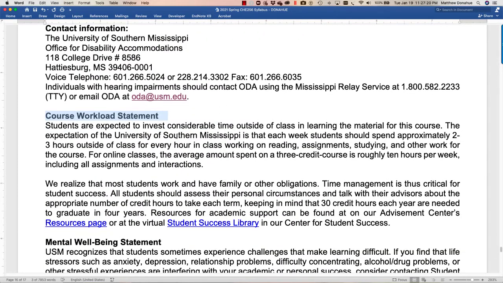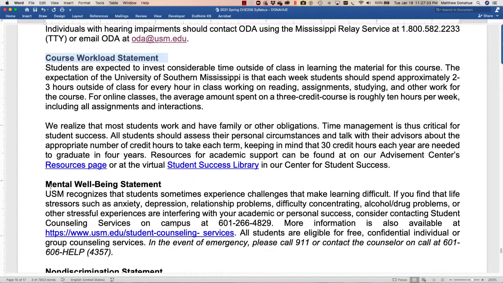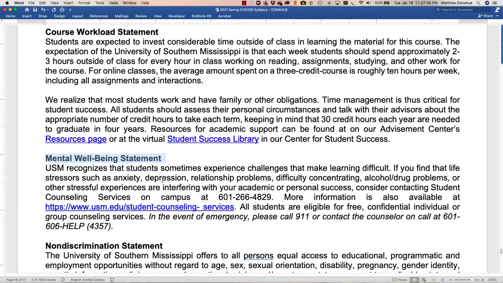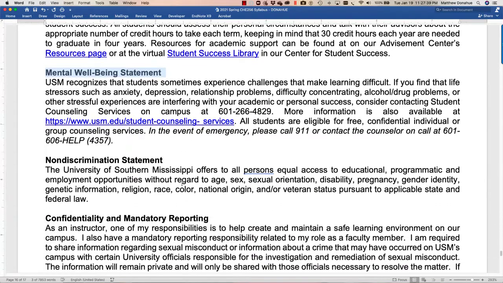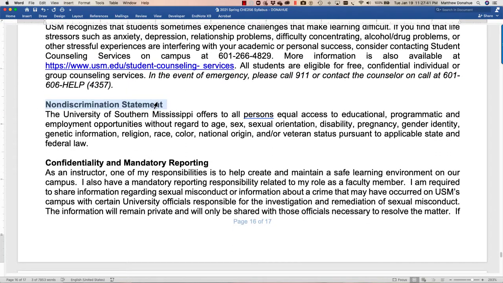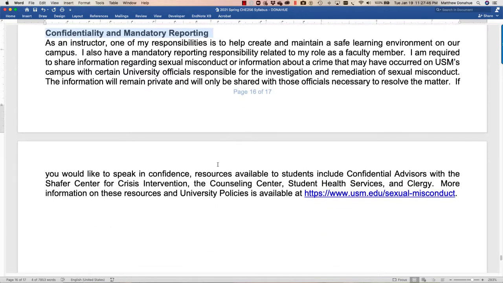So this basically explains what are the expectations for each course you're taking, how much work you should put into it, and how you should not be surprised by how much work a course takes. Mental well-being, so if you're stressed out and you need help, here's some resources for that. Non-discrimination statement, confidentiality and mandatory reporting statements.